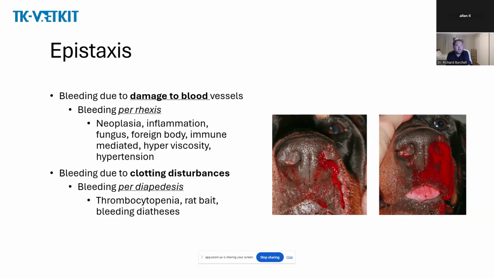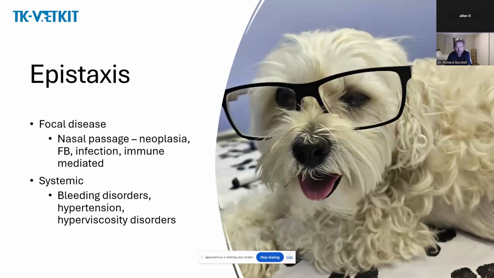And so we always need to consider bleeding can be due to blood vessel damage because there is a cancerous process or an inflammatory process, fungal invasion of the tissue, or immune-mediated diseases, but it can also be due to coagulopathies, particularly thrombocytopenia, rat bait toxicities, or your vitamin K antagonists and other bleeding diatheses. So it's very important prior to doing a rhinoscopy that you have excluded those bleeding disorders.